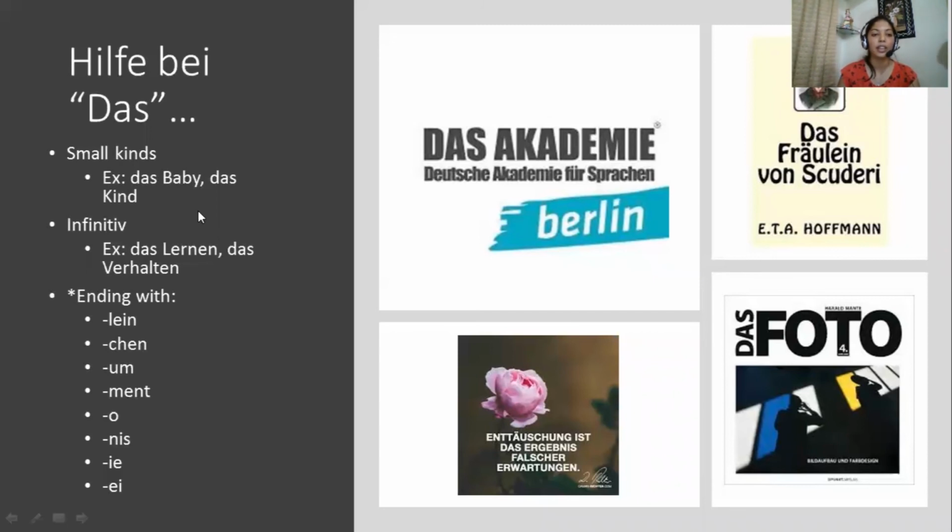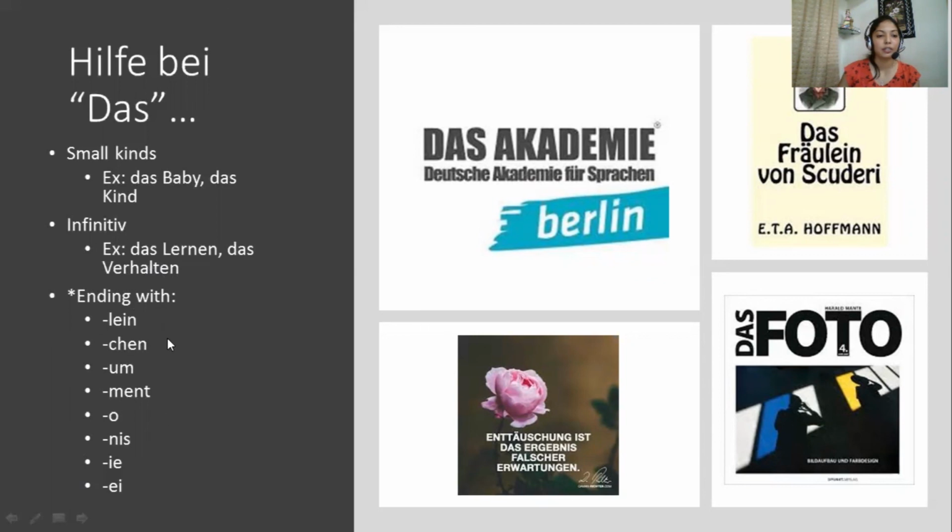Whenever a verb becomes a noun, the infinitive form of the verb is a noun. At that particular point, you have the article das. Lernen is also a verb, and when it is converted to a noun, it is das Lernen. Verhalten again becomes a noun with the article das.